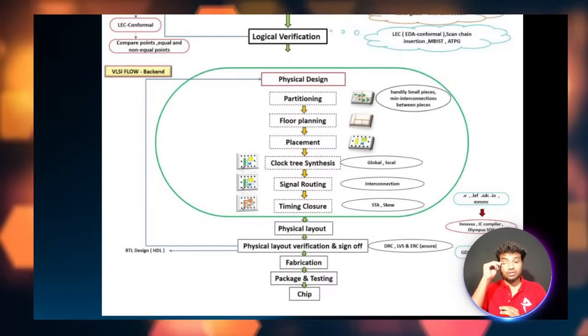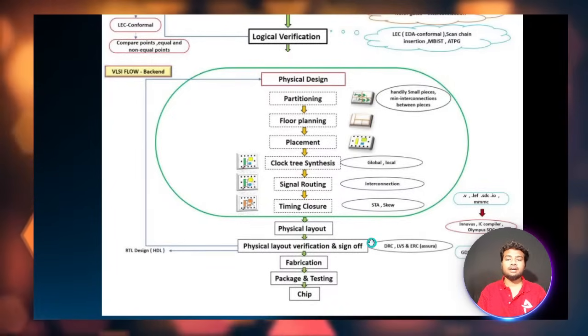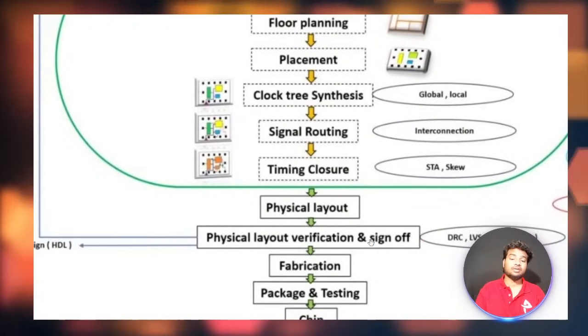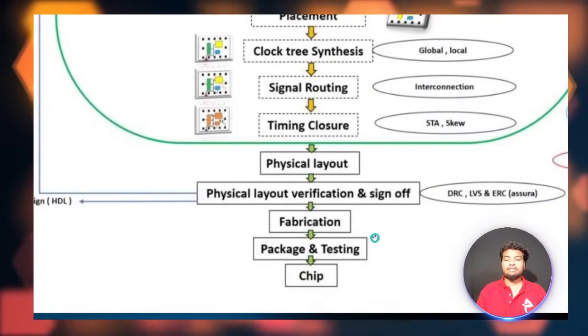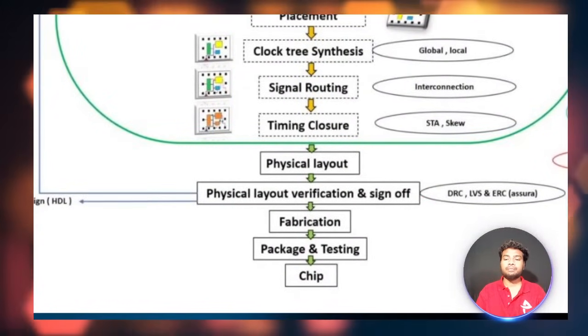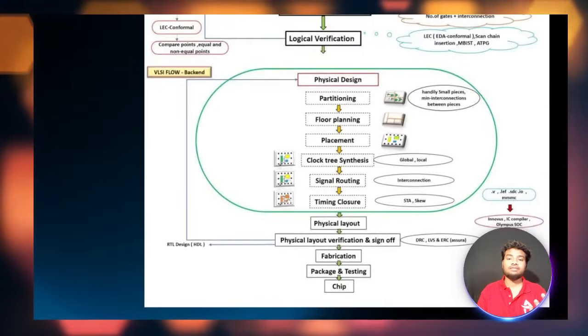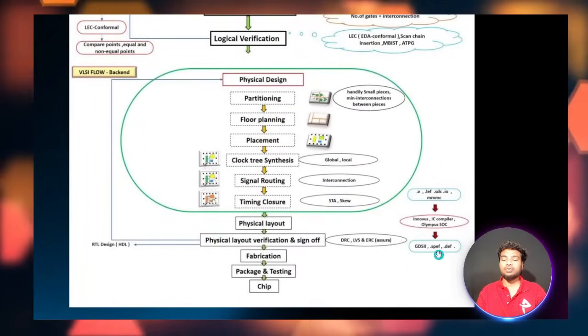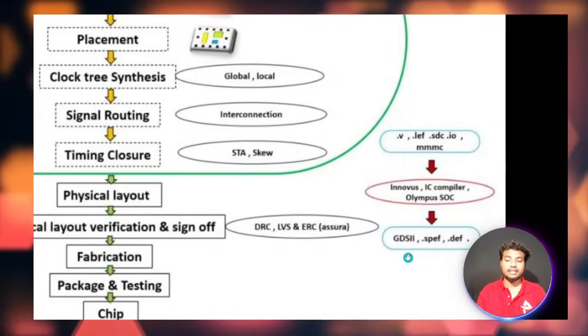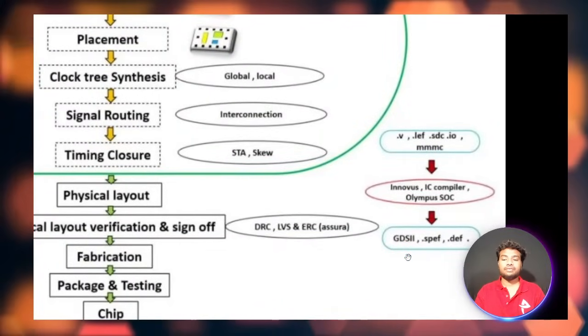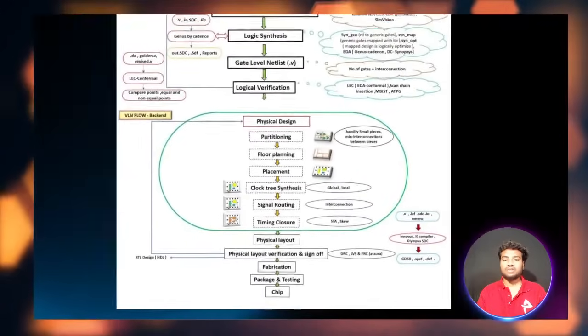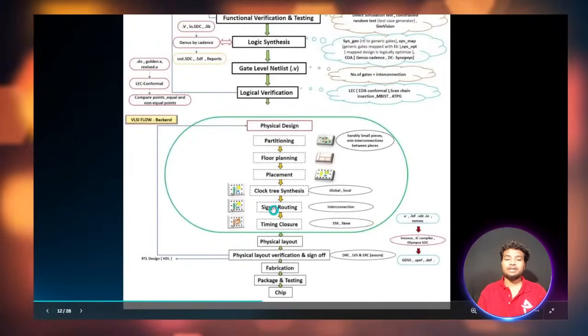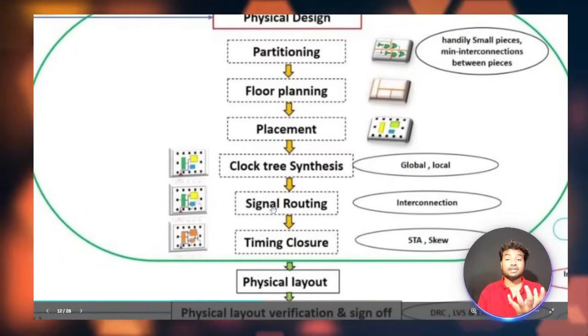These things are made by the industry fabrication units. They will make the physical chip based on the report given by the physical design engineer. They will give the files like .spf, .def, GDSII. Based on these files only, the industry will make the physical chip.